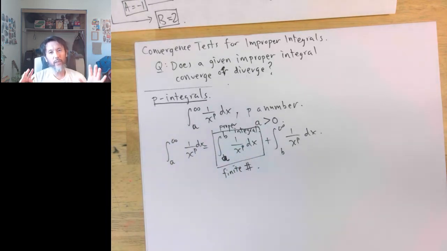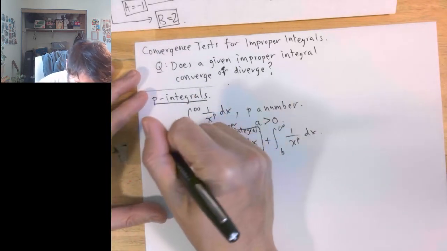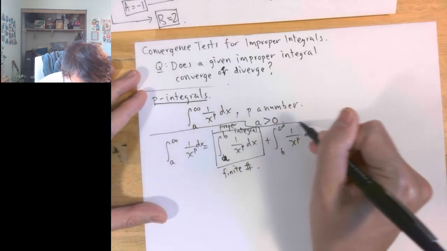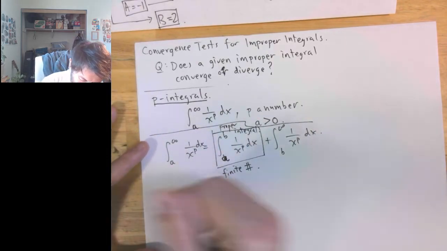What matters when it comes to questions of convergence or divergence is the end behavior of, in this case, the integrand. I'm going to write that down because it's important enough.